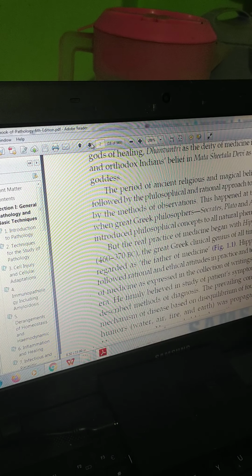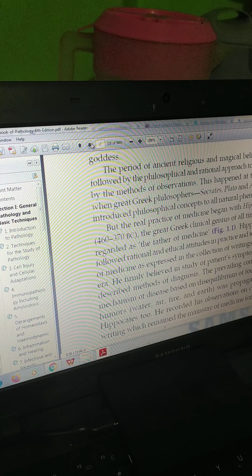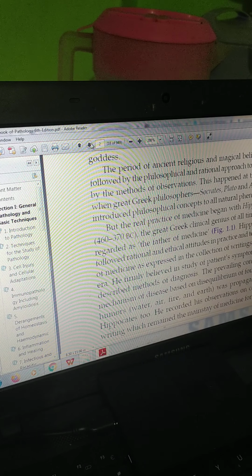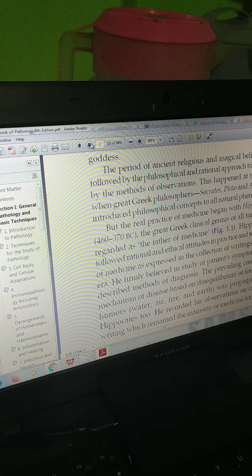The period of ancient religious and magical beliefs was followed by the philosophical and rational approach to disease by the methods of observation. This happened at the time when Greek philosophers Socrates, Plato, and Aristotle introduced philosophical concepts to all natural phenomena.